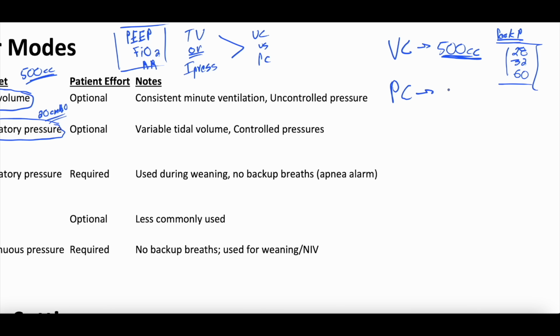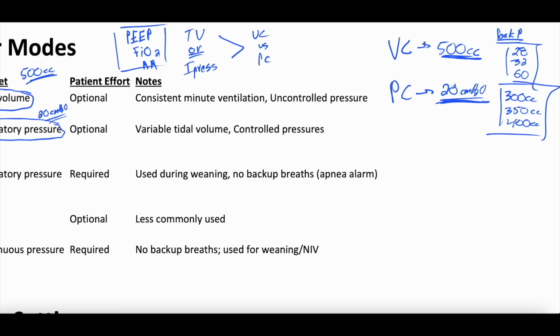Whereas in pressure control, you're setting that pressure, right? You say, let's give them 20 centimeters of water above their peak. And then what you're looking at on the ventilator is how much tidal volume this creates. That might create 300 cc's, or maybe 350, or maybe 400. It just depends on the patient and their physiology. But that tidal volume with each breath is going to change, whereas the inspiratory pressure that you set is stable each time.